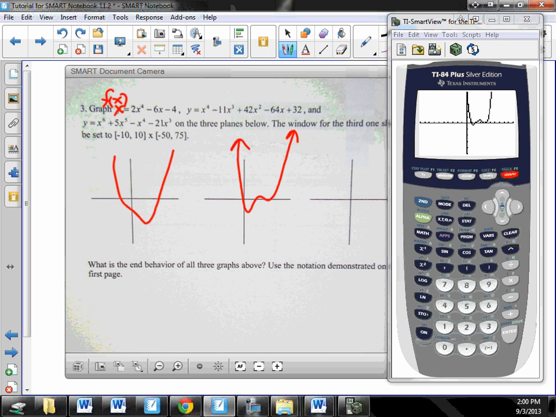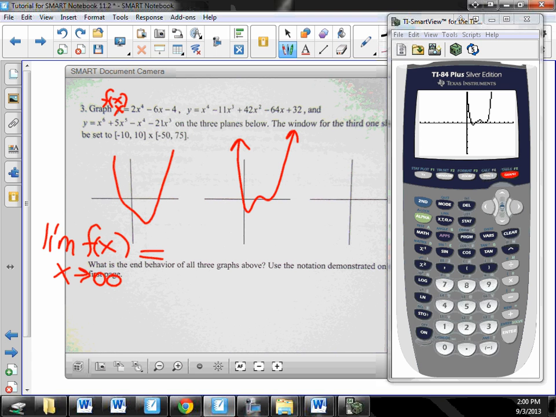So my end behavior on the first graph, as I move towards positive infinity, y goes toward, so the limit of f of x as x approaches infinity is positive infinity.